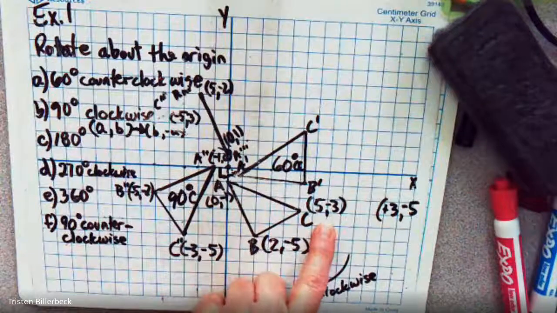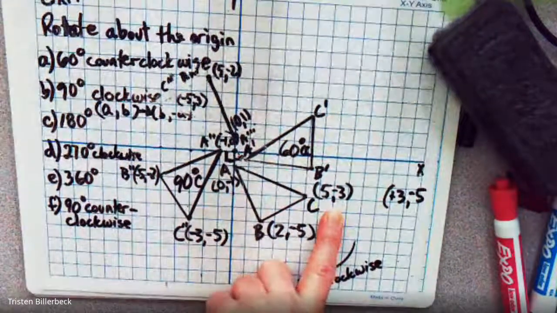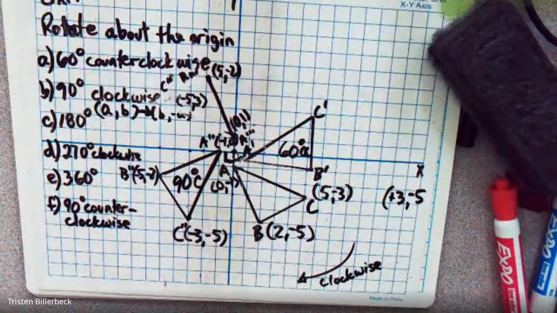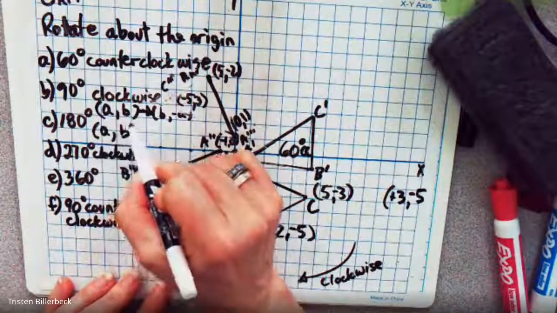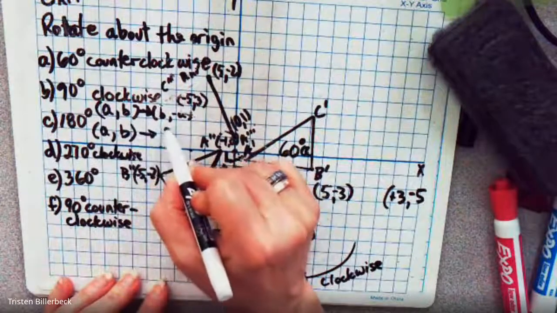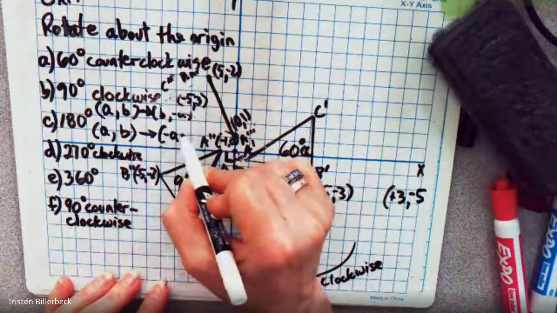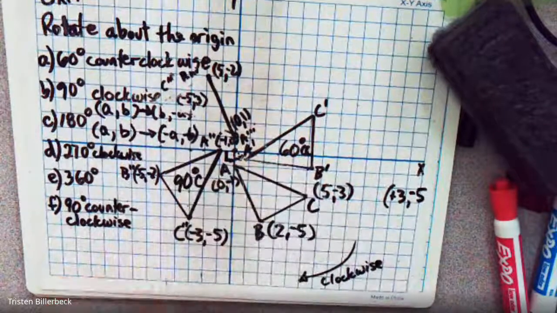Okay, so let me make sure I've got everything. So rotation 180 should be AB goes to -A, -B. So let's see what's wrong.